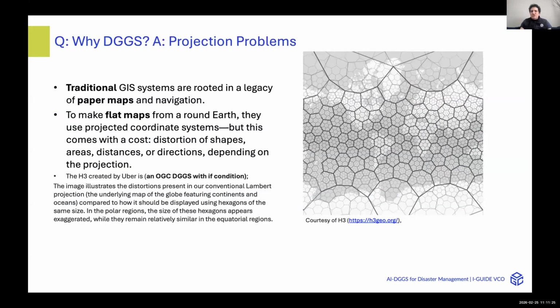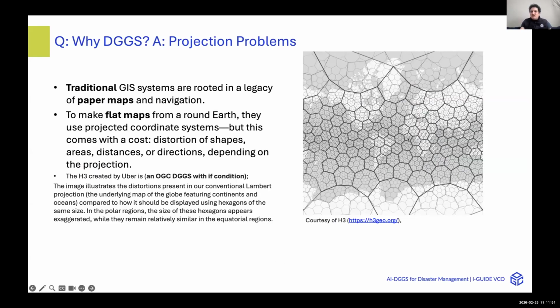So why DGGS? A projection problem. The idea in the old days was that we had a spherical planet. We know that, although if you are a flat-earther, that's a different story. But if you're not talking about the unscientific parts, if you want to make a sphere into a flat surface, you will have distortions.